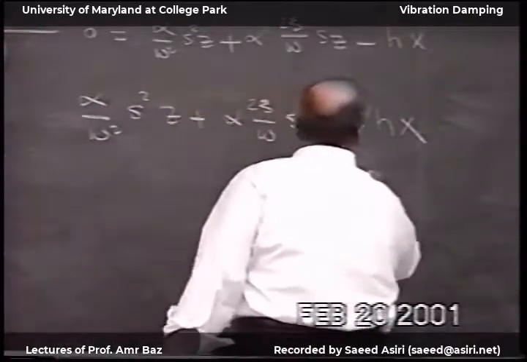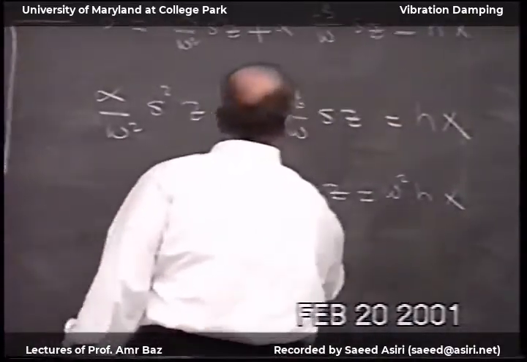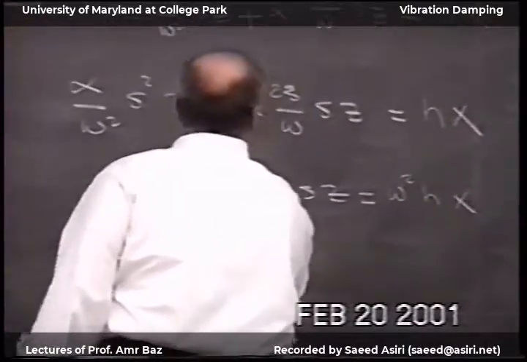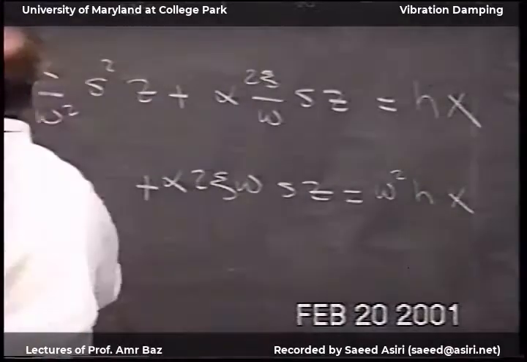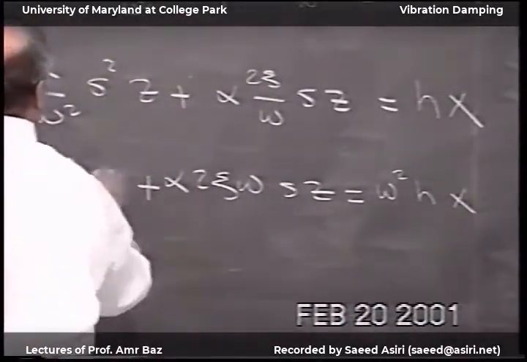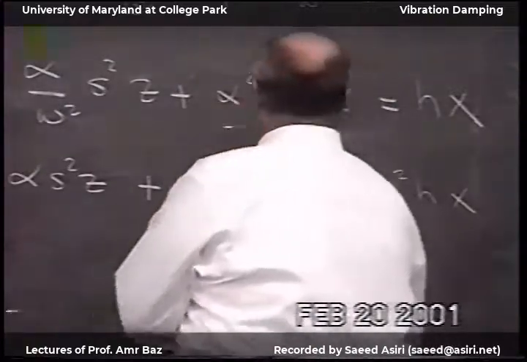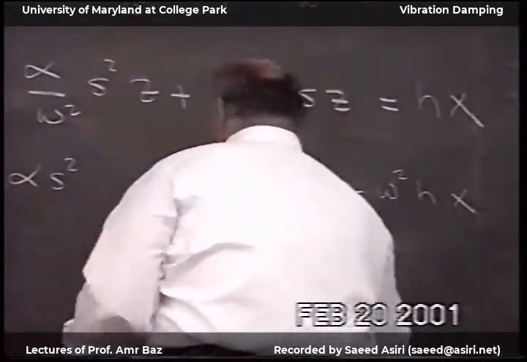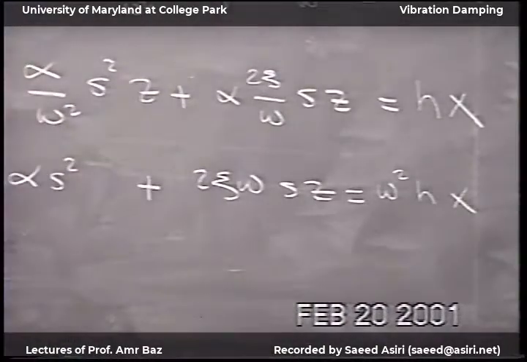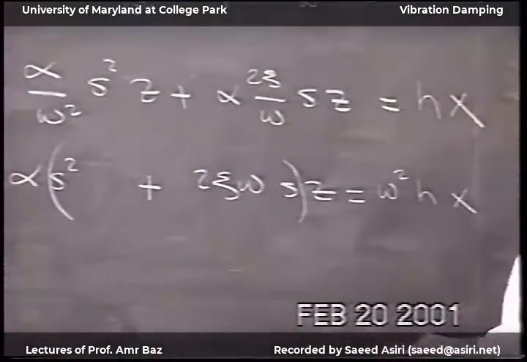So I have omega squared hx is equal to s z omega 2 and then alpha plus alpha s squared and z, or I can factor the alpha out from here, and the z we'll have like this.